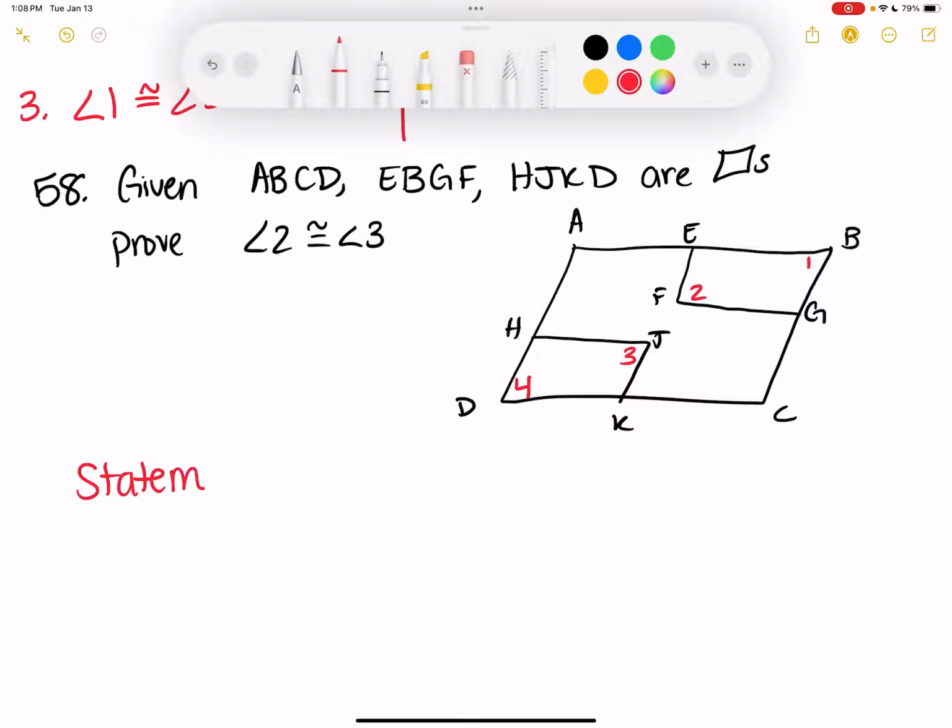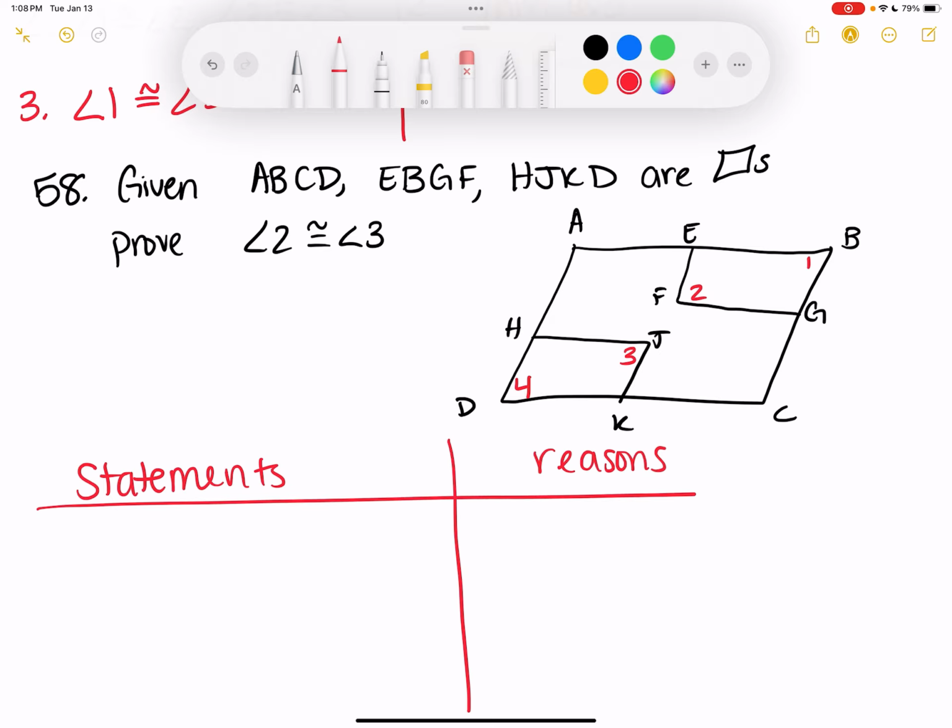All right, statements, reasons. All right, what's the first step? Givens. ABCD, EBGF, HJKD are parallelograms.